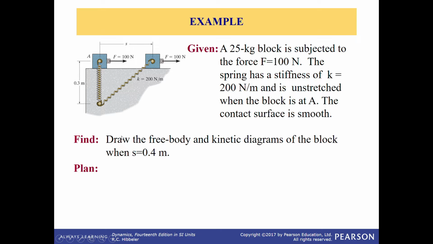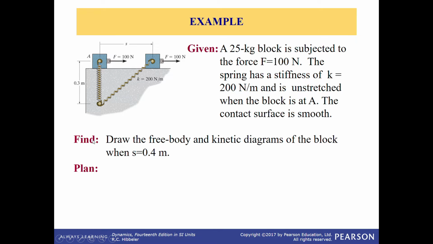Okay, so what do you need to do? Get the information here. They give that the contact surface is smooth. What smooth means here is that the surface between the block and the ground is smooth, so there is no friction. It is frictionless, so the friction force Fs is actually 0.